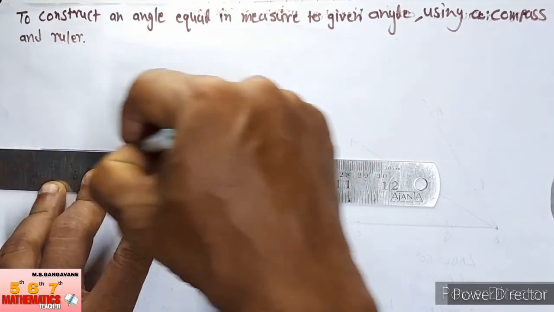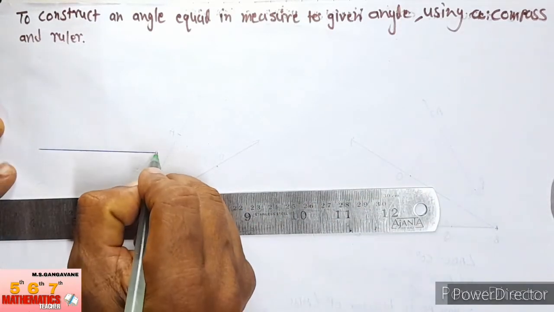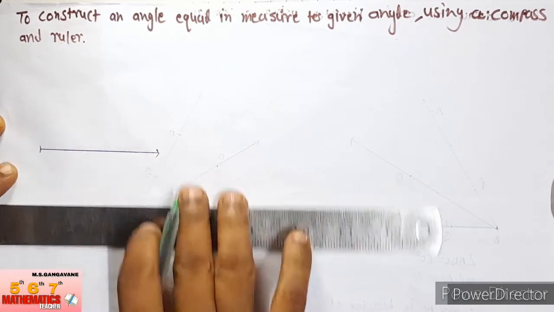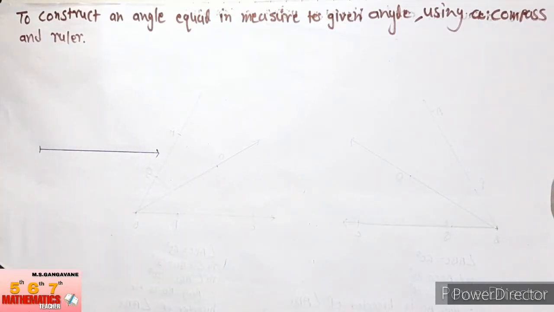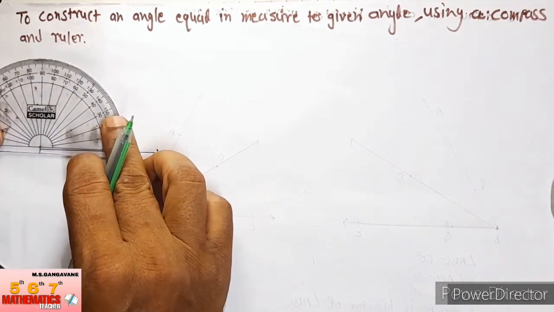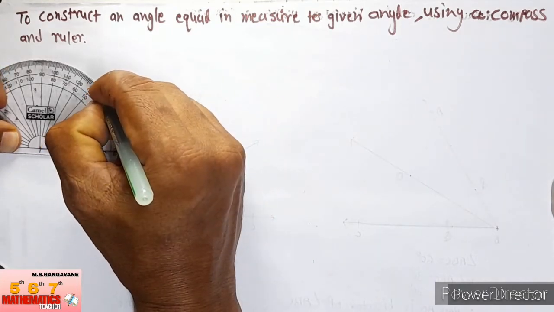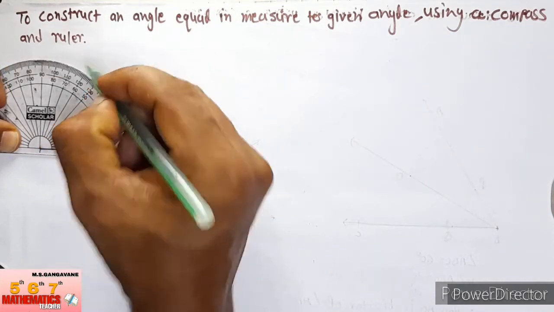So draw first one angle here, now 50 degree.